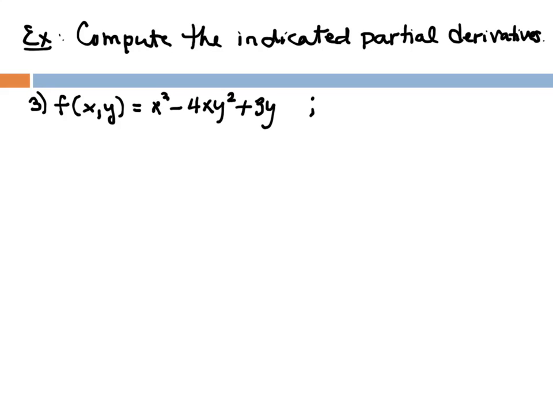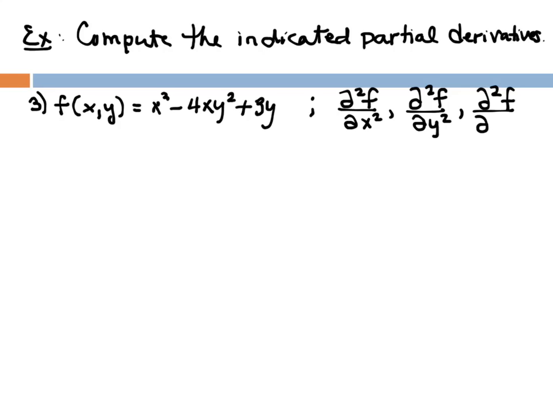And on this one, we're going to find the second partial of f with respect to x twice, the second partial of f with respect to y twice, and then the second partial of f with respect to y and x.